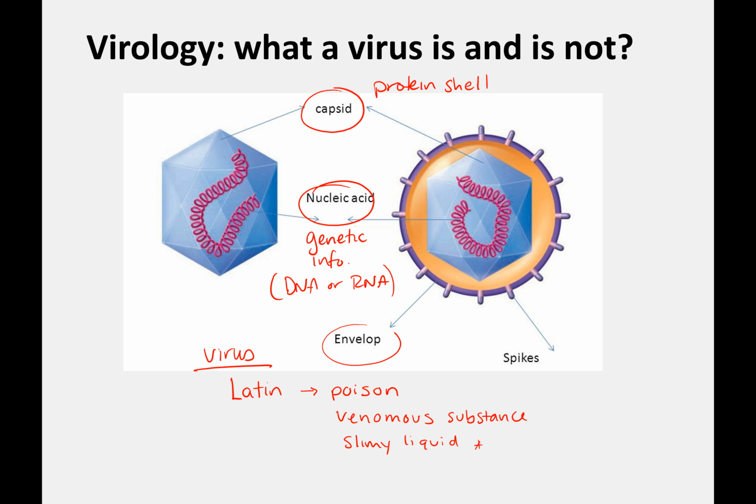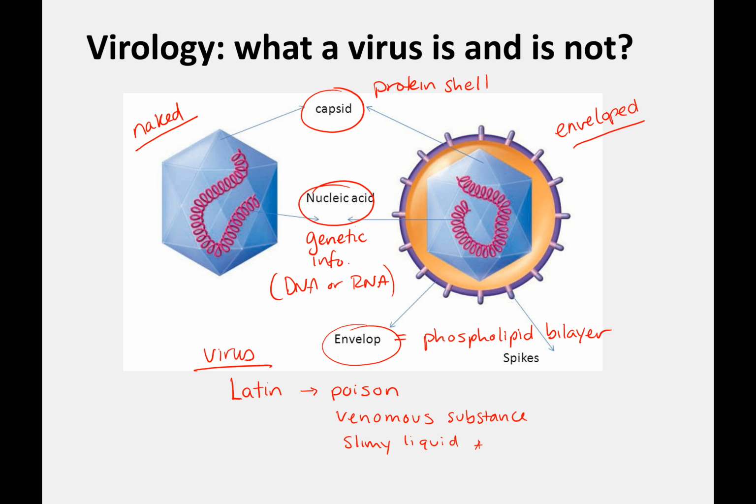Some viruses also have an envelope, which is a phospholipid bilayer, which is taken from the host cell. So this is called a naked virus without an envelope, and this is called an enveloped virus with an envelope.